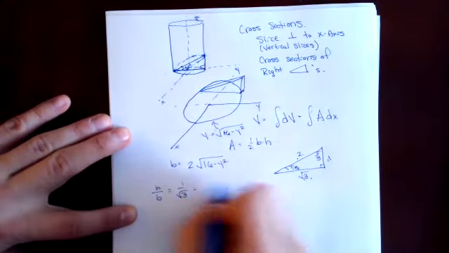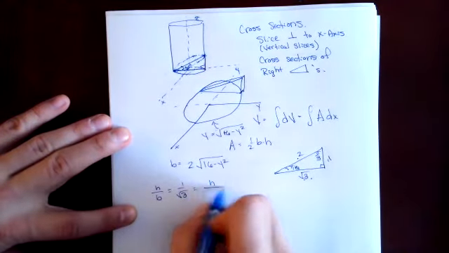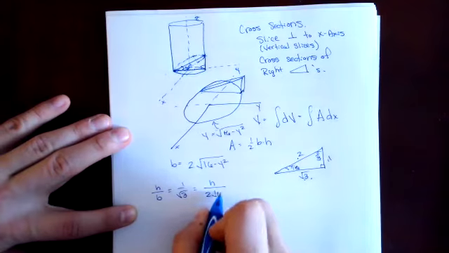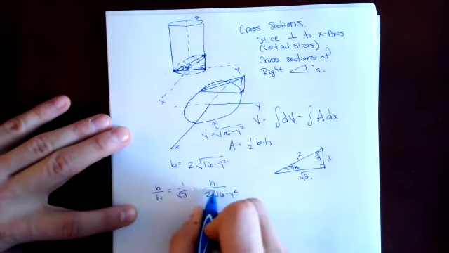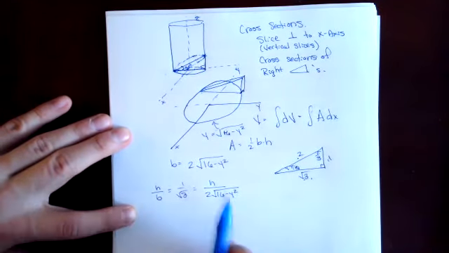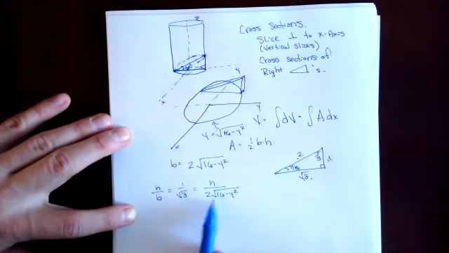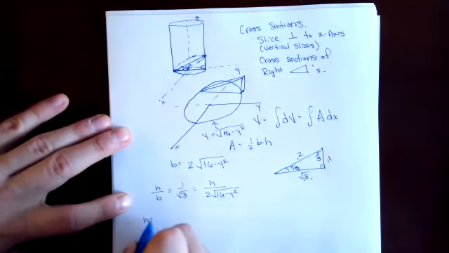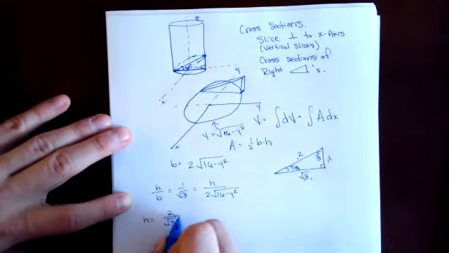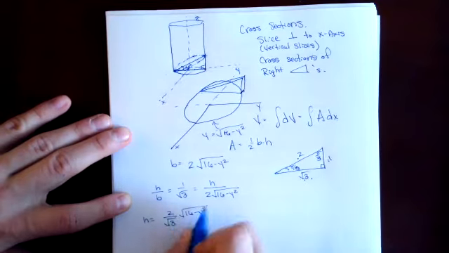And so we can fill that in. I don't know the height, but I knew the base was 2 square root of 16 minus y squared. And so what is the height? 2 over square root of 3 times the square root of 16 minus y squared.